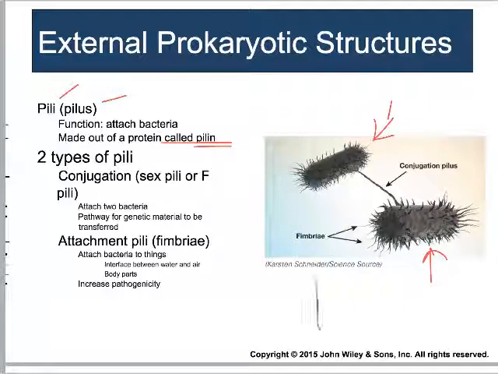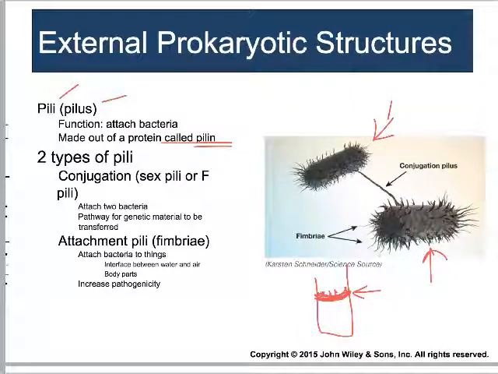If they're growing in a tube and you get a layer right here that's called a pellicle, lots of times they have fimbriae, and the fimbriae help keep them at that layer. Sometimes these fimbriae allow them to attach to body parts.